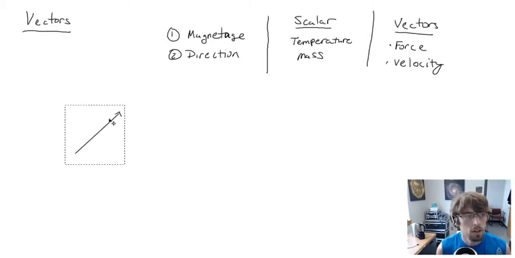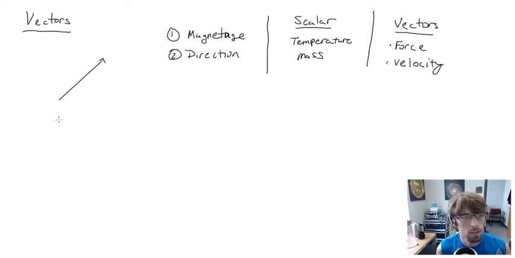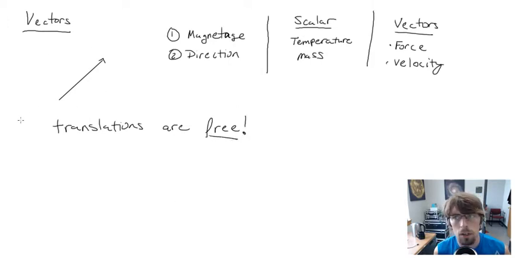So what I say here is that translations are free. You are allowed to take a vector, a graphical arrow, and translate it, shift it anywhere that you want for convenience. Now I say that as opposed to rotations. Rotations are not free.